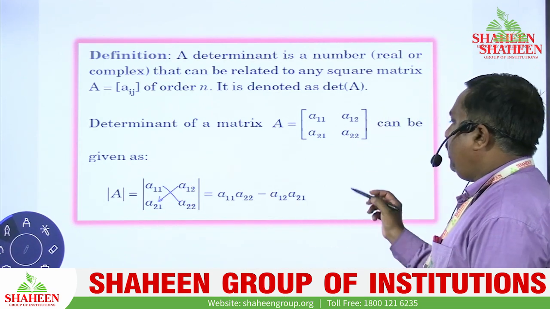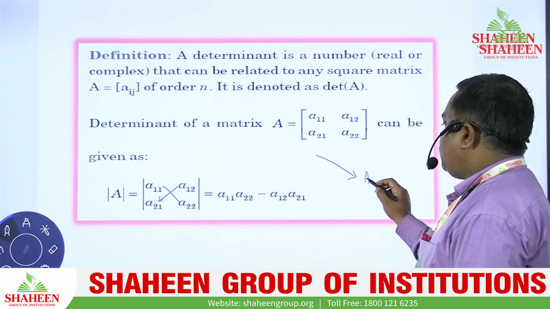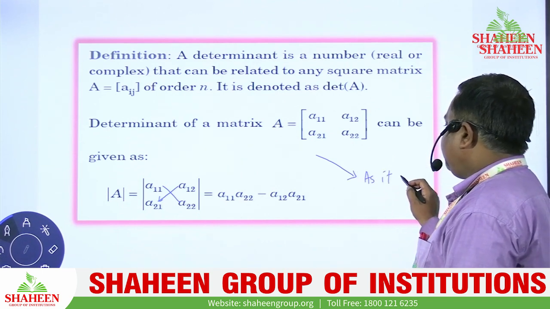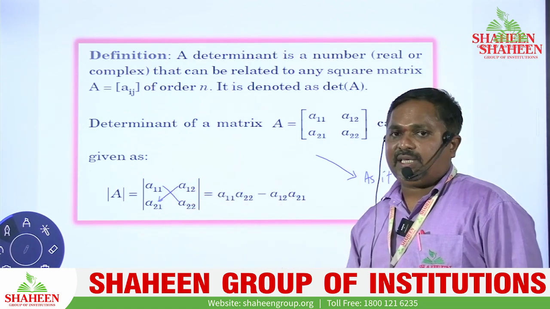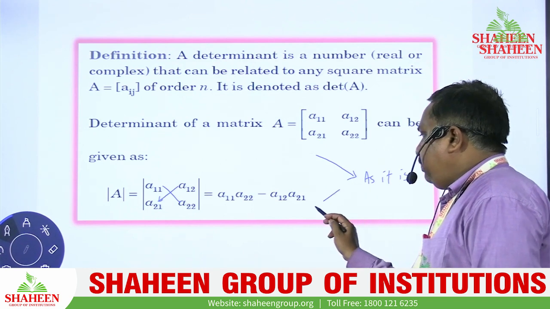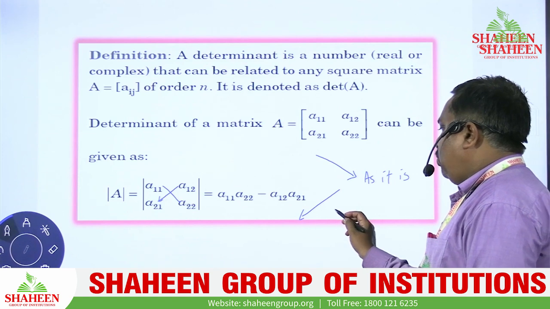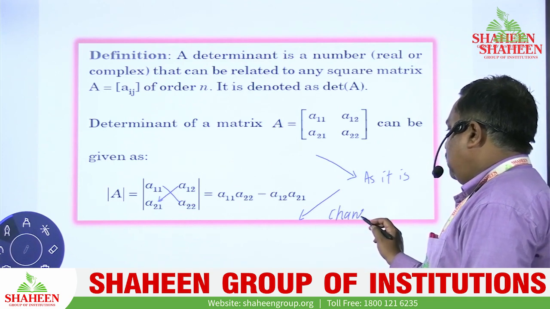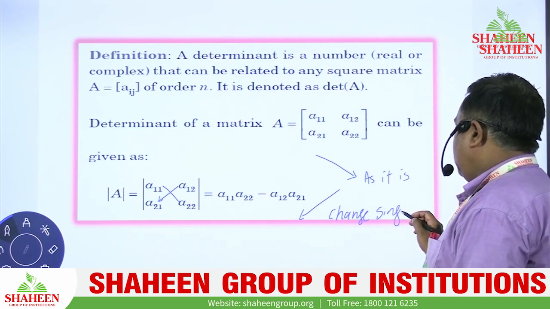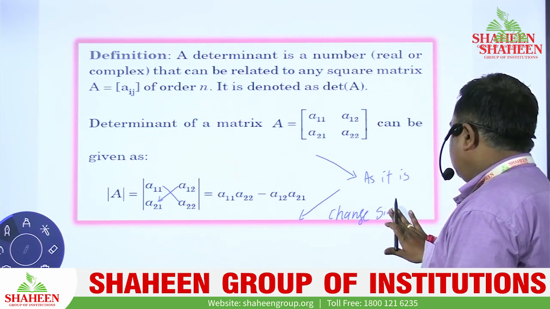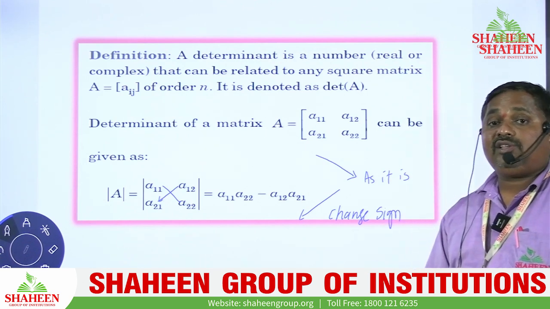It means when we multiply in this way, then the sign is as it is, because from this we are subtracting the second one. When we multiply in this way, the second multiplication we have to change the sign. Why are we changing this sign?